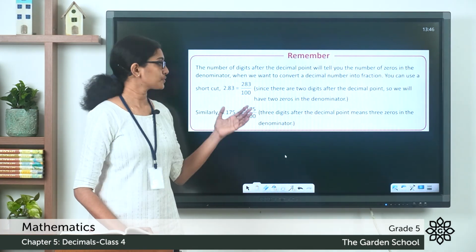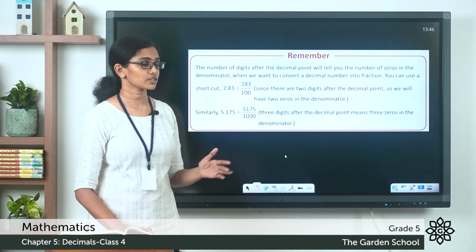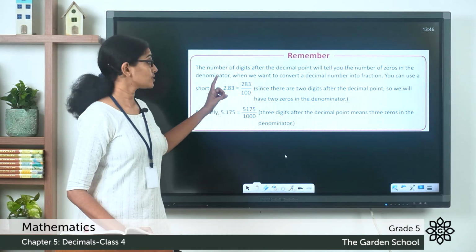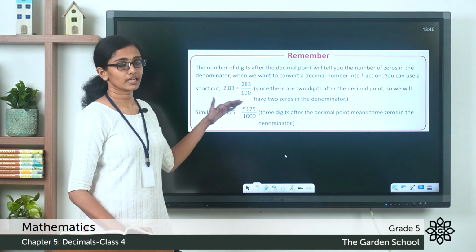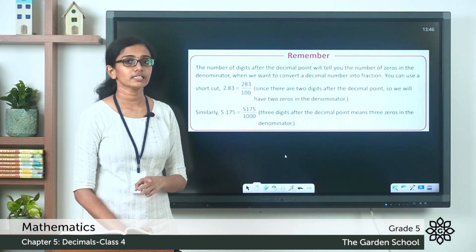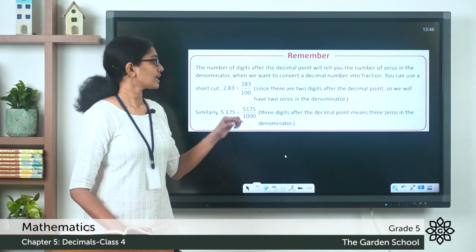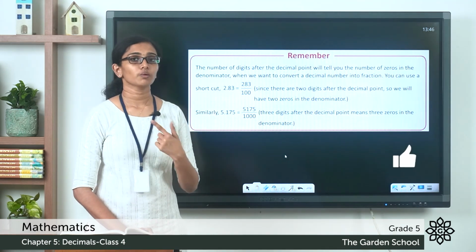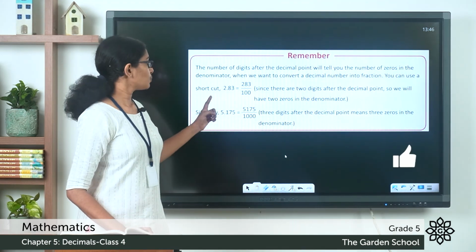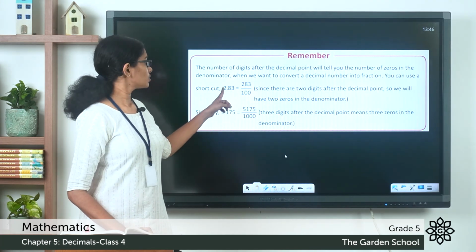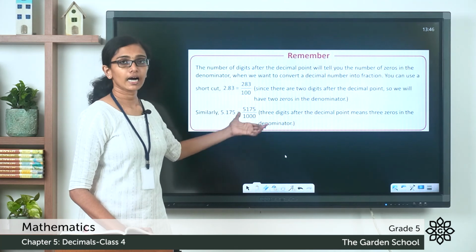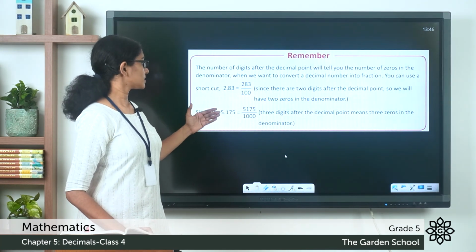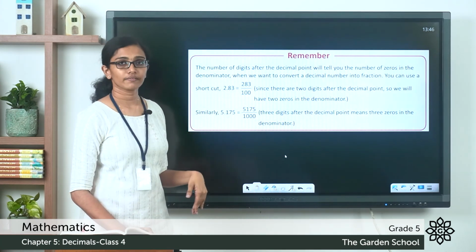We have seen how to convert a decimal number to a fraction. Now, see, in the number 2.83, there are 2 decimal places after the decimal point. So, that indicates how many zeros are there in the denominator when you convert that to a fraction. So, 2.83 is equal to 283 by 100. And similarly, 5.175.